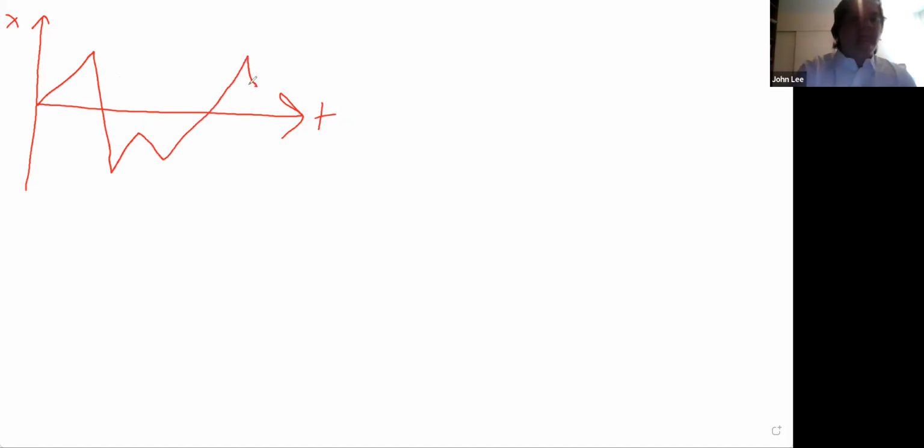For example, if we have a very jagged line, position versus time, then what we would find if we were talking about the old way, delta x over delta t, the displacement over time, is that it doesn't really give us a good idea of what's happening.